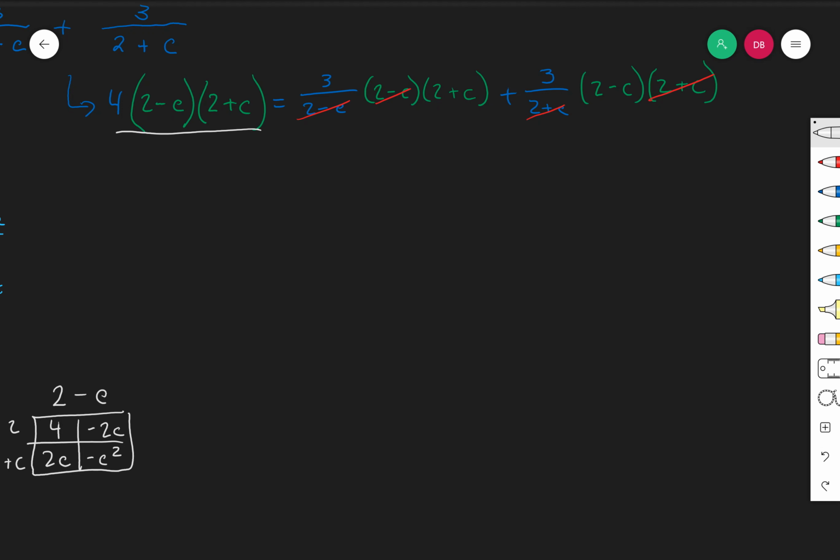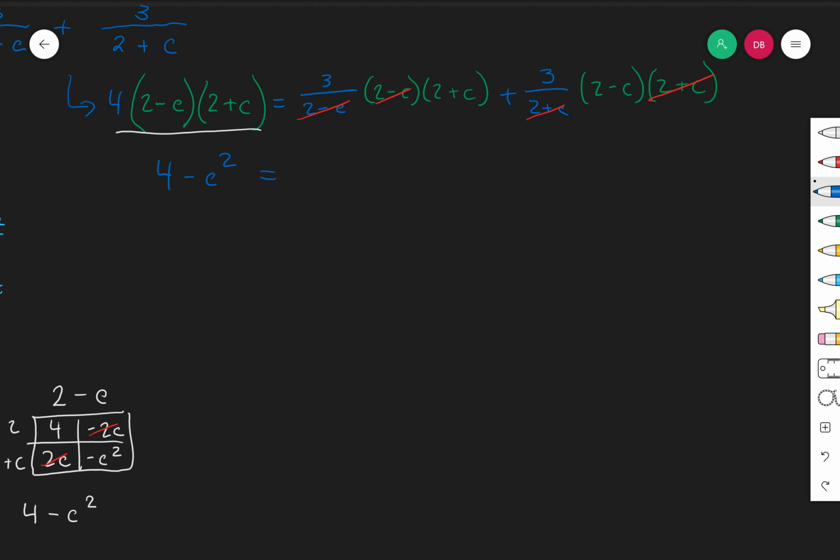My c's are looking kind of funny. I don't usually write my c's like that. I'm not sure what's happening. Okay, but anyway, the 2c's cancel. Negative 2c and a positive 2c cancel out. So we're left with 4 minus c squared. That's fine for now. 4 minus c squared is equal to, okay?